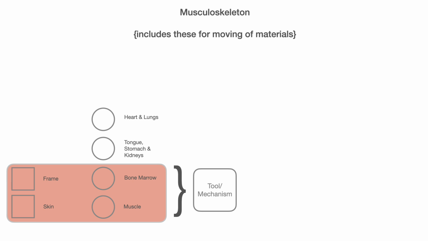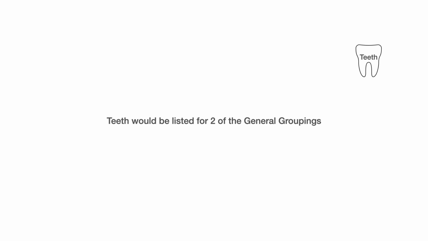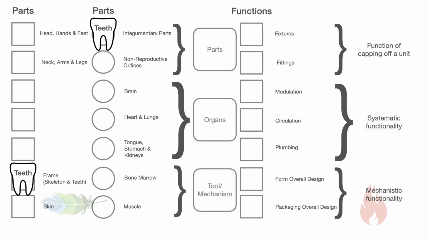Okay, so here we've got an example. I start with this one mostly because it's in 2 of the categories. We'll look at this next list real quick, and I'll go through one of the rules with the parts list. When I put these parts lists together, I only put a part in each of the general groupings at the very most.